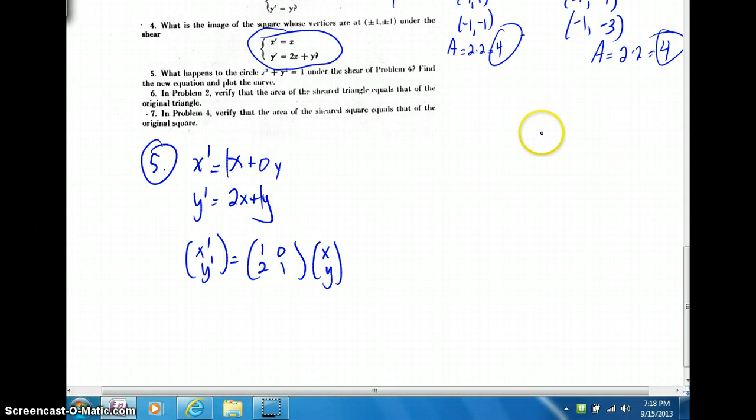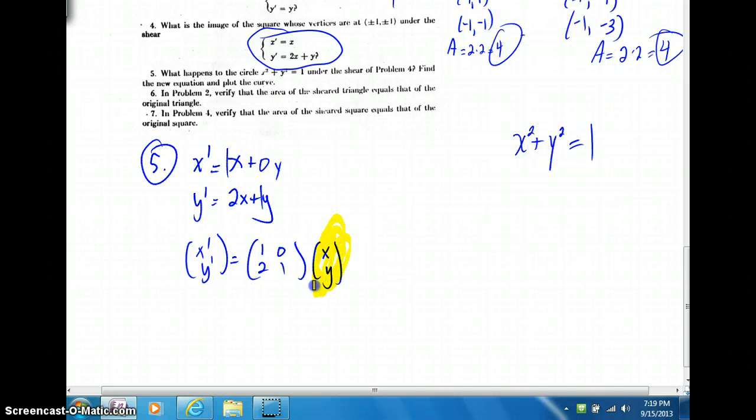Well, obviously we have the circle x squared plus y squared equals 1. This is going to be sheared. We'd like to know what this new equation would be. And we know that that circle is not going to have the same appearance. It's no longer going to be a circle. Let's see what we could do to get x and y by itself.